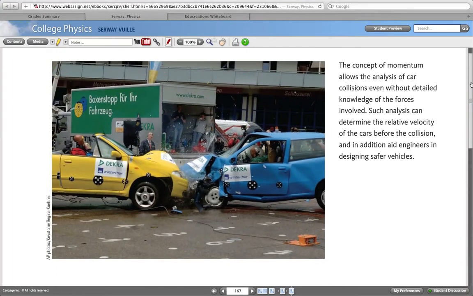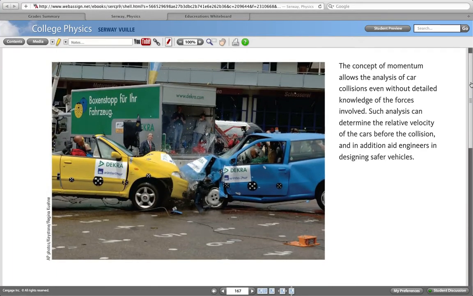So here we have this great picture of two cars colliding. And in this collision, we're not going to be conserving kinetic energy. There's just no way. Mechanical energy is going to be out the window, because as these two cars collide, we have all kinds of crazy stuff going on. You can see that there's bending of the metal, there's breaking of axles, there's airbags inflating, there's glass shattering, there's going to be a lot of noise, there's going to be heat in the metal.